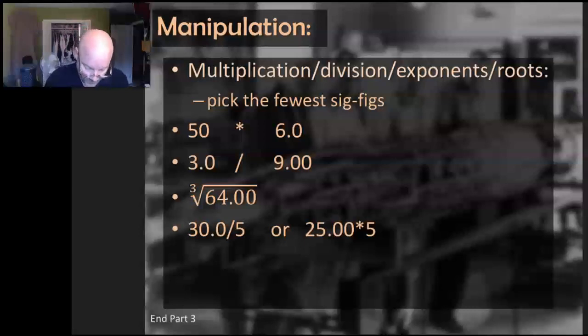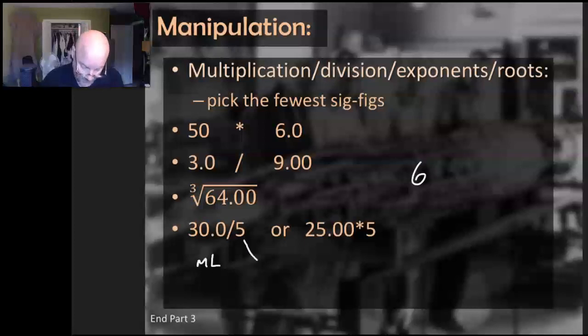Maybe it turns out that you've got 30 milliliters in total. And you want to know, what's my average in each one of these? Well, execute the math first. 30 divided by 5 is 6.